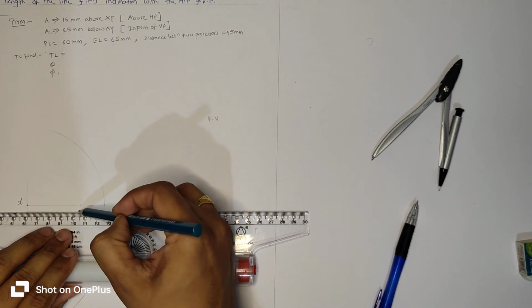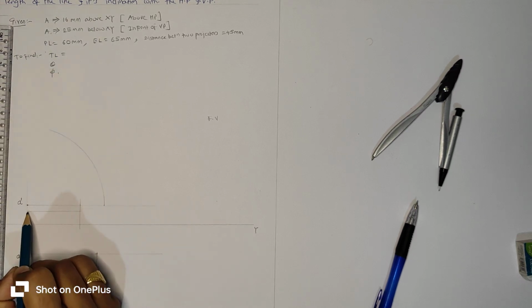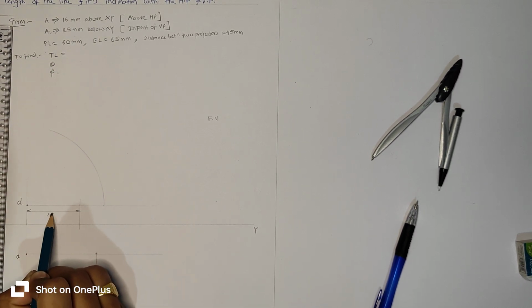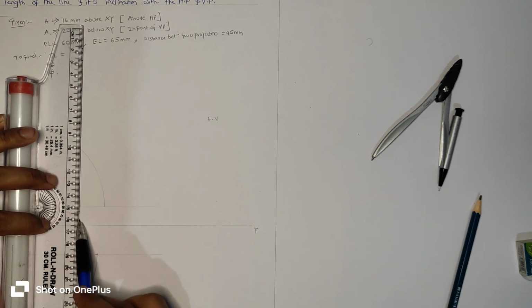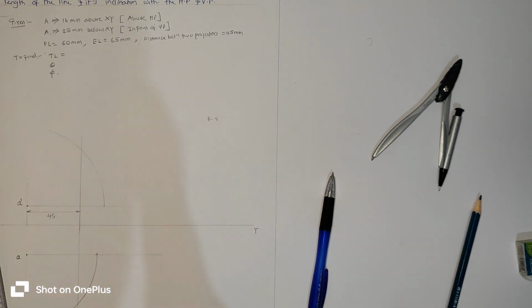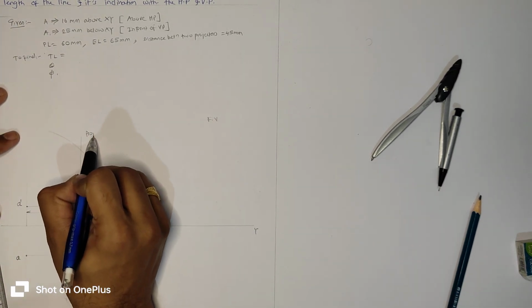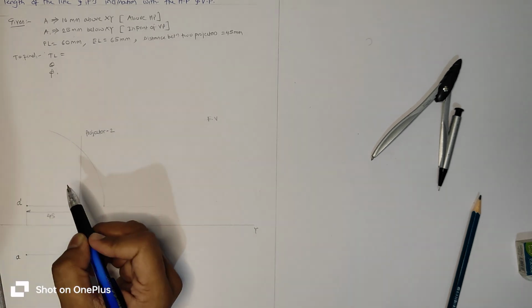This is the distance between two projector lines. So at this point there should be a second projector. This is projector 2, and this is projector 1.